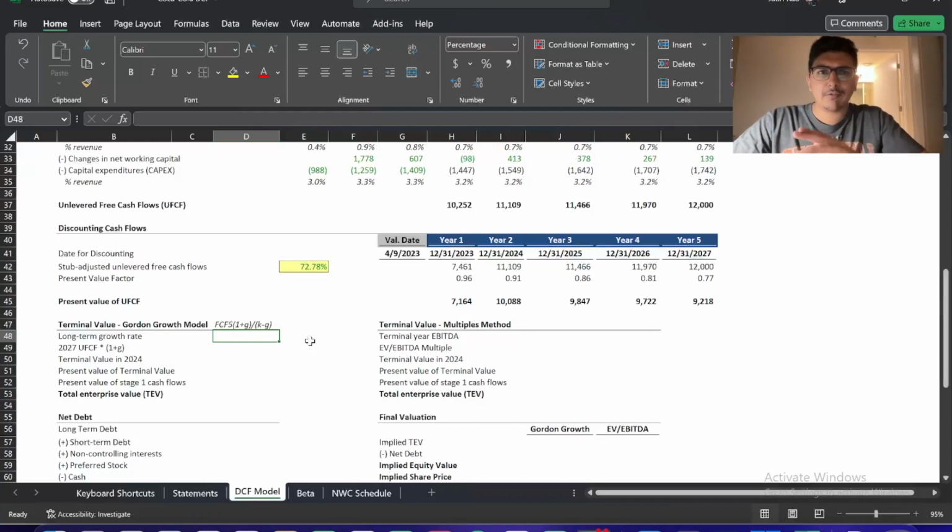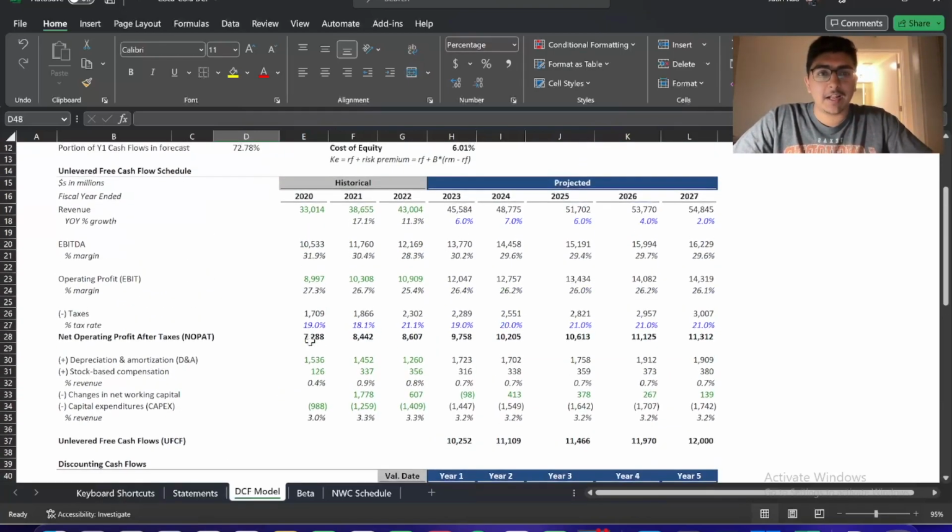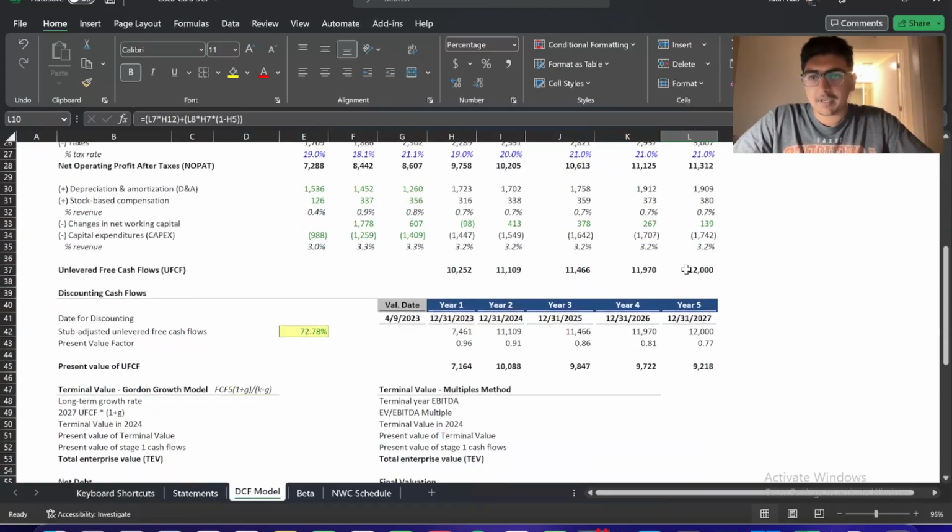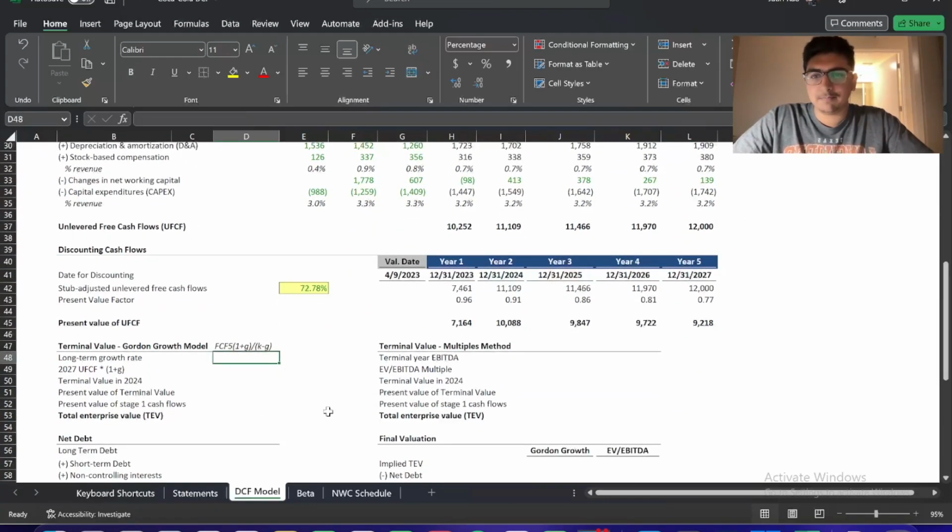The GDP growth rate right now is, I think, like 2 to 3%. You can also look that up. But this number has to be very, very low, because if it's too high, first of all, it cannot be higher than your WACC. Because if it's higher than your WACC, then some crazy stuff is going to happen with the math.